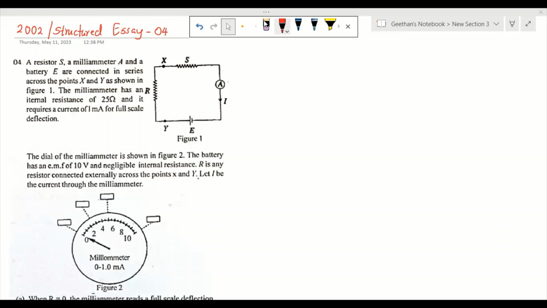The battery has an EMF of 10 volts and a negligible internal resistance. R is any resistor connected externally across points X and Y. Let I be the current through the milliammeter. Right, they have given us the dial of the milliammeter.